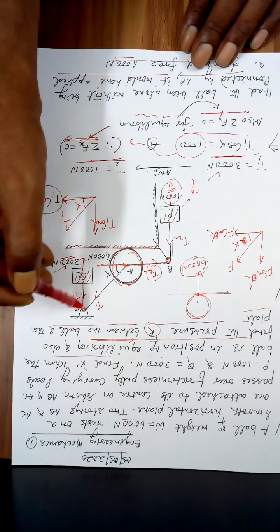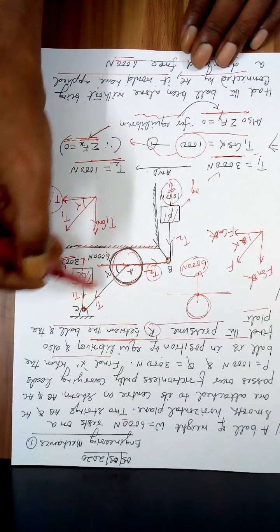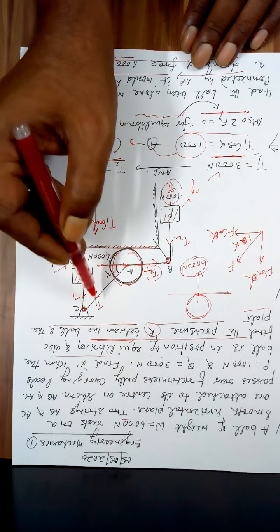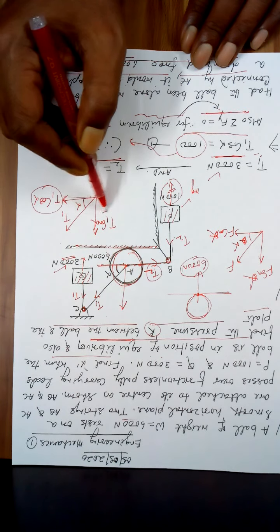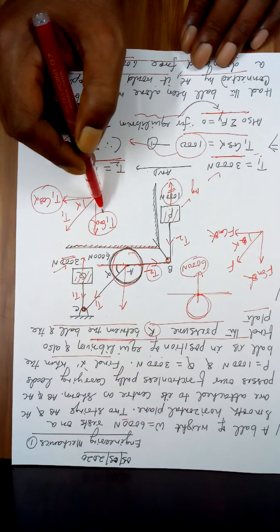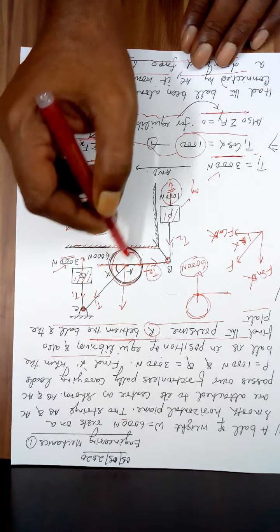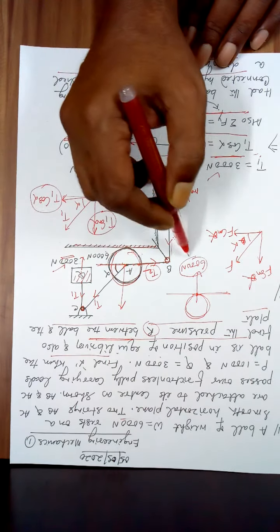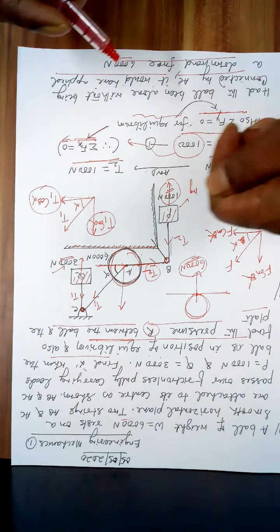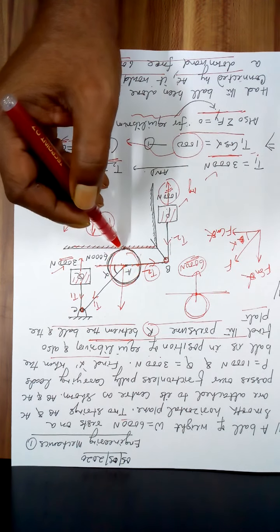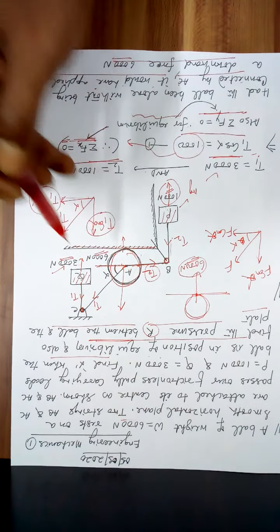But since it is connected by this string which has a tension T1, the component of this T1 along this direction, that is T1 sin alpha, is not allowing this ball to apply a downward force 6000 Newton. It is pulling it up slightly. So the downward pressure will be less than 6000 Newton.